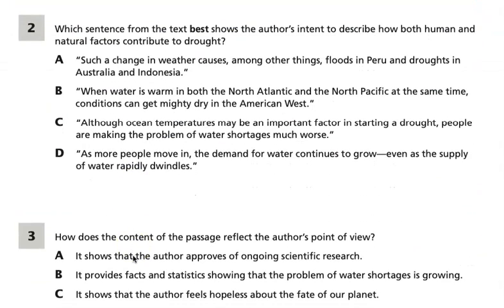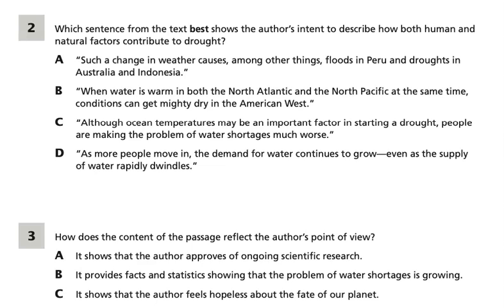Question 2. Which sentence from the text best shows the author's intent to describe how both human and natural factors contribute to drought? A. Such a change in weather causes, among other things, floods in Peru and droughts in Australia and Indonesia. B. When water is warm in both the North Atlantic and the North Pacific at the same time, conditions can get mighty dry in the American West.